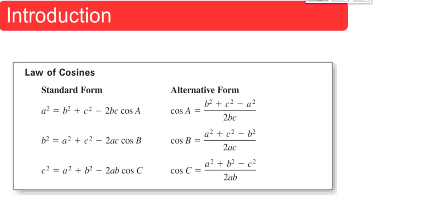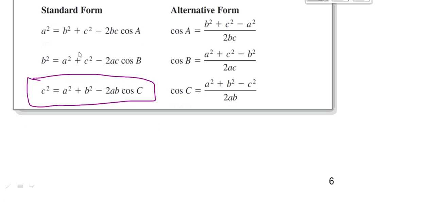Maybe if we covered this in the past, or you've looked at this in the past, we generally look at this version: c squared equals a squared plus b squared minus 2ab cosine C. You'll notice that whatever side you start with, whether it's c, b, or a, you end with the cosine of the angle that is opposite that side.